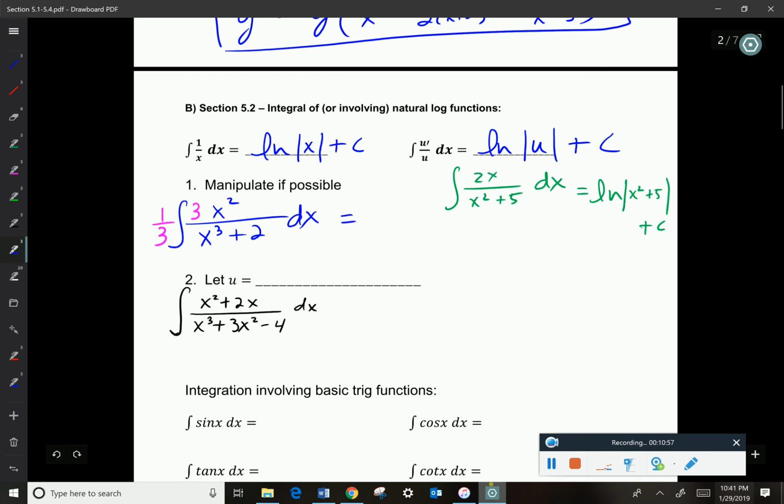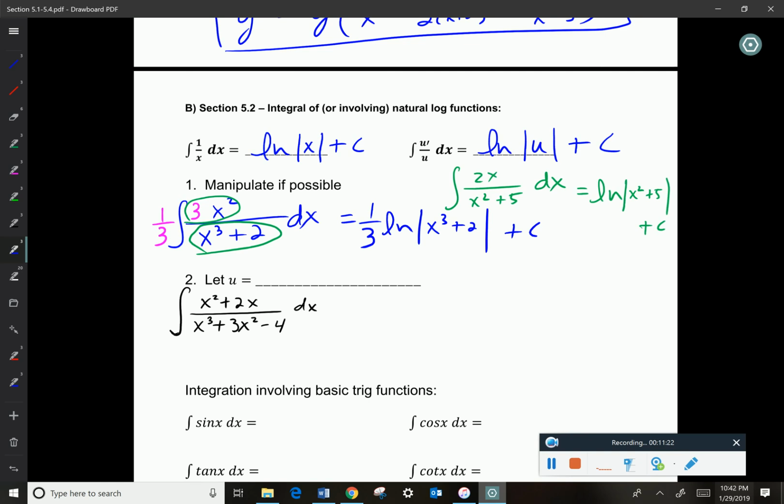So I leave the 1/3 out in front. All of this on the inside is u prime over u, right? So when I integrate, it's just going to be the natural log of u, which was x cubed plus 2. So that's kind of handy if you can manipulate your way into it.